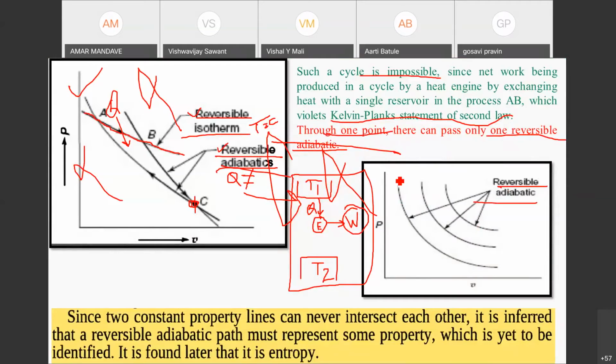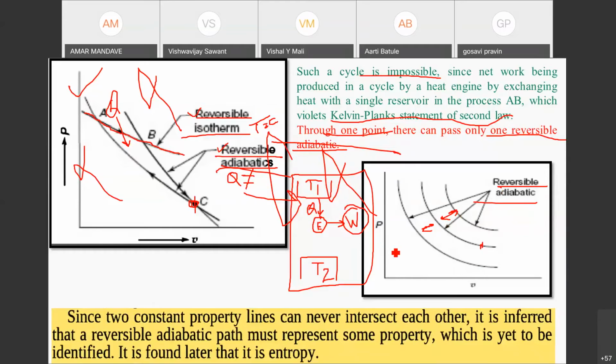So the reversible adiabatic lines, or constant entropy lines, will be parallel to each other, because from one particular point only one reversible adiabatic line can pass. That is our conclusion from this analysis.